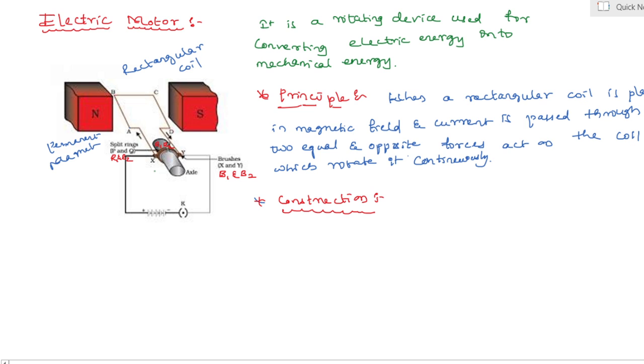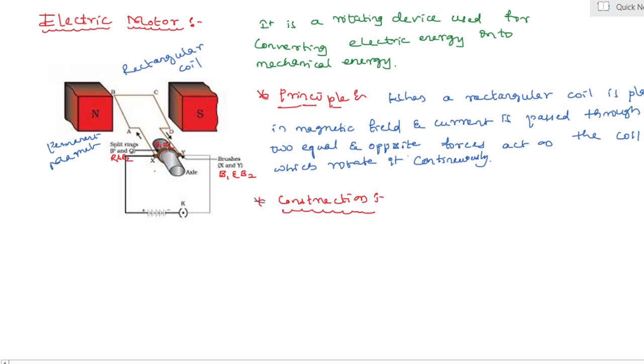Yes, my dear students, here R1 and R2, both are termed as split rings. What is the function of split rings here? They act as commutators.